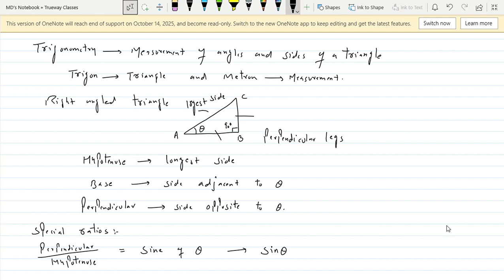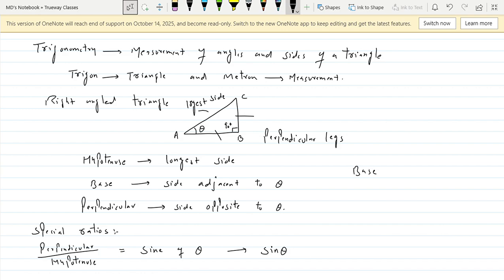So we define the second one. One ratio we defined is the perpendicular, the side opposite to theta, and the longest side. There remains one side which has a relation with the longest side, the hypotenuse. This is exactly correlated with the previous ratio, which is why we call it cosine.